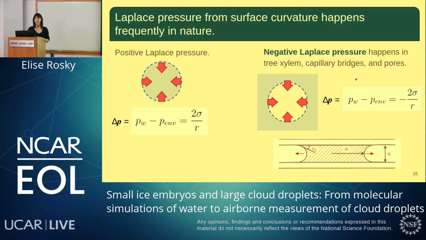And this happens quite often in nature. It happens in tree xylem, on the leaf stomata. It happens in capillary bridges and in small pores.